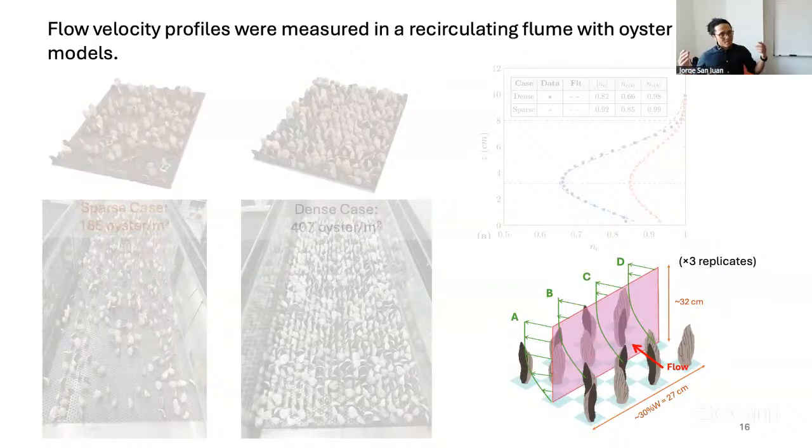Once again, we have a 3-dimensional structure, randomly distributed, so we're going to have velocity distributions that are different in different locations. In 4 different locations, Javier took velocity profiles, and he had 3 replicates. So he set up 3 different distributions for the dense and 3 different distributions for the sparse condition to improve the statistics of the results that he was getting.